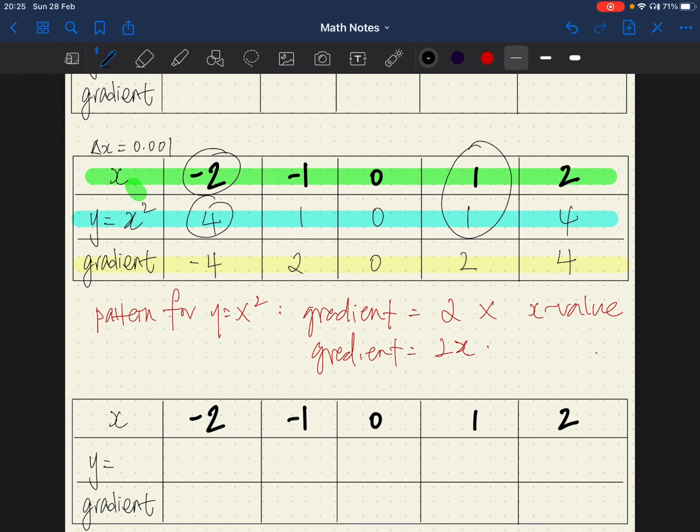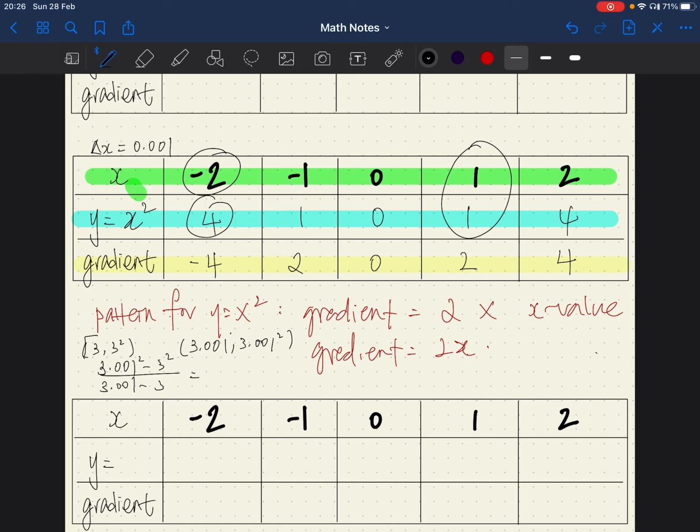Okay, so if you don't believe, you can try for, let's say, x equals to 3 now. You can check for 3 comma 3 squared versus 3.001 comma 3.001 squared, whether 3.001 squared minus 3 squared over 3.001 minus 3, which is the approximated gradient, equals to our pattern here, 2 times x.